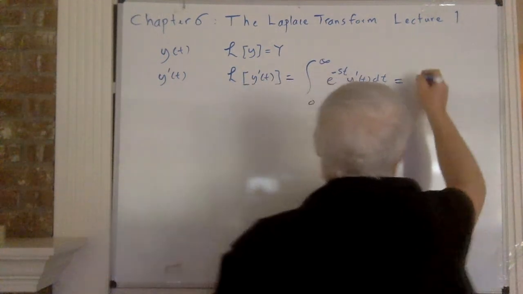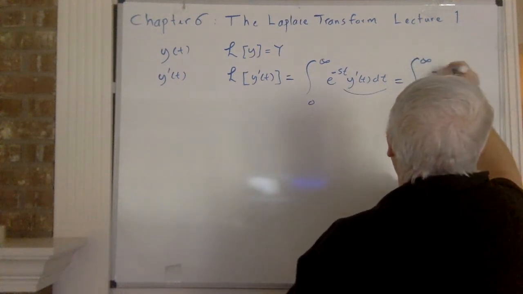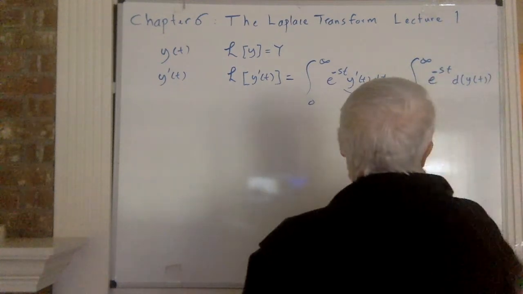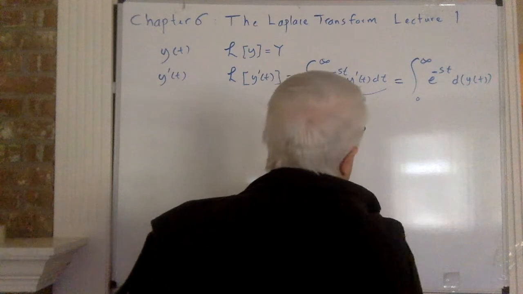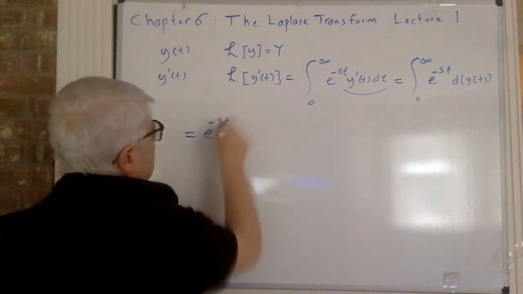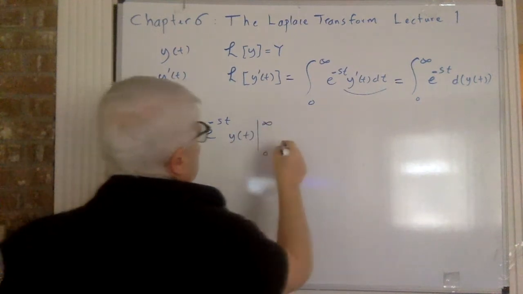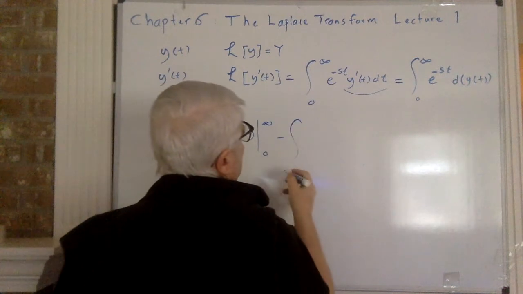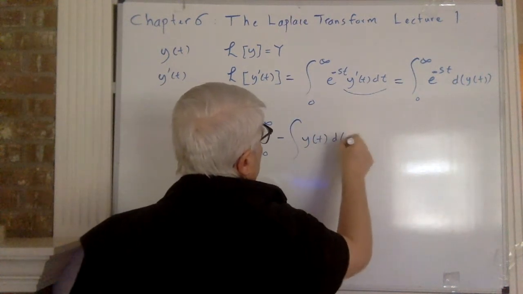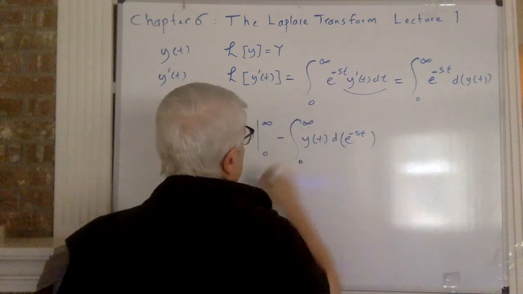So that is in fact integral 0 to infinity e to the minus st d of y(t). Right? This is d of y(t). So that is in fact e to power minus st y(t) from 0 to infinity minus integral y(t) d of e to power minus st, right? From 0 to infinity.